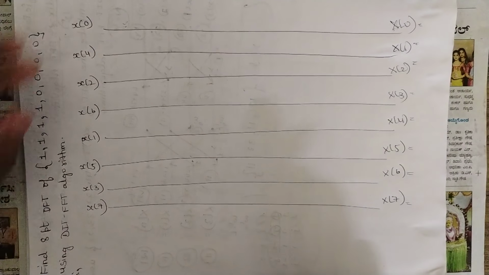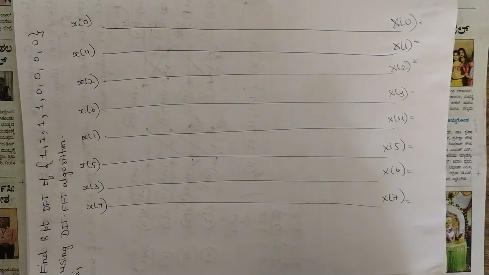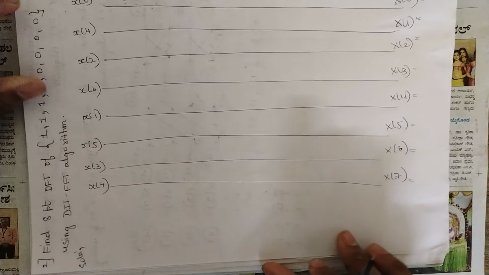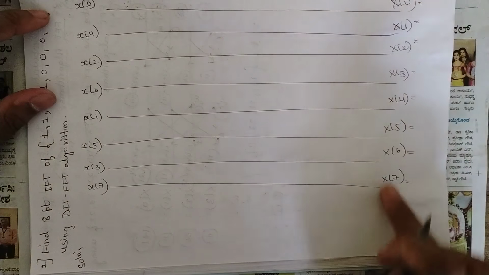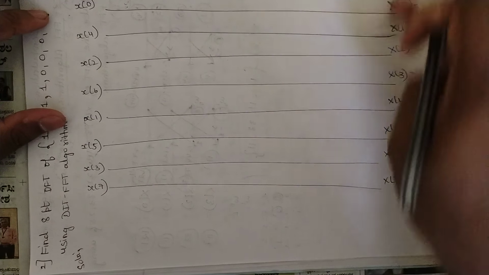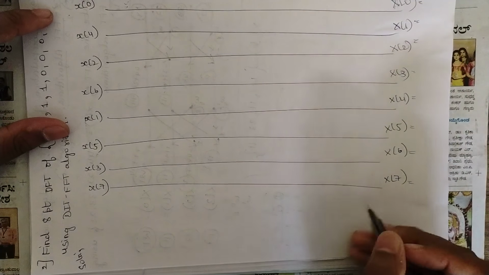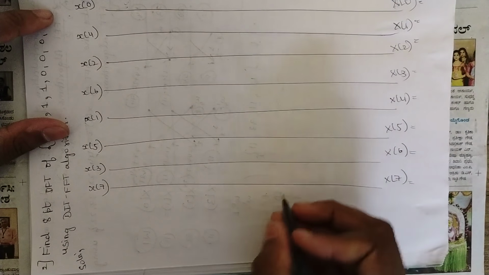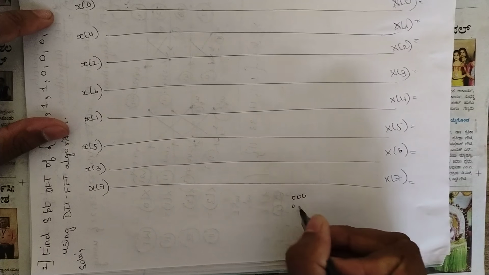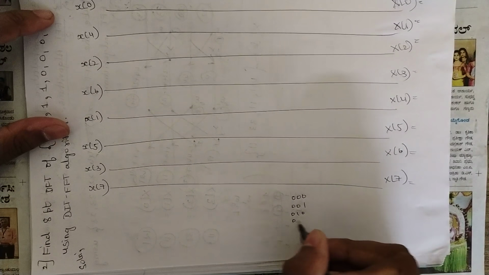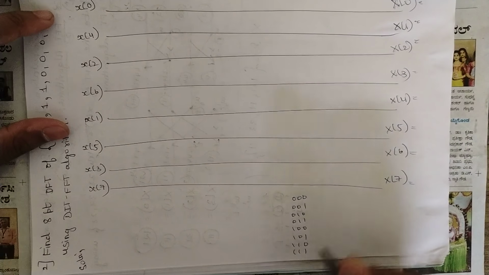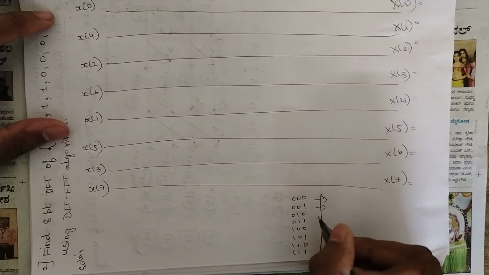Okay, that is, on the input and output side we should be doing the bit reversal. So first write, here we have till 7, right? So we have 8 values, so we can write it in 3 bits, that is 0 0 0, 0 0 1, 0 1 0, 0 1 1, 1 0 0, 1 0 1, 1 1 0, 1 1 1. So what is this bit reversal?